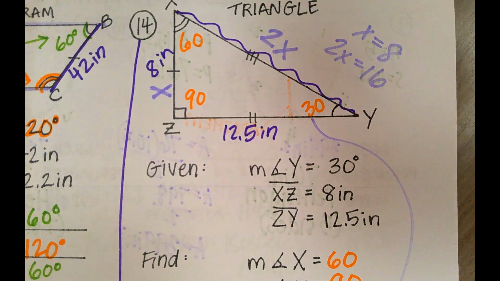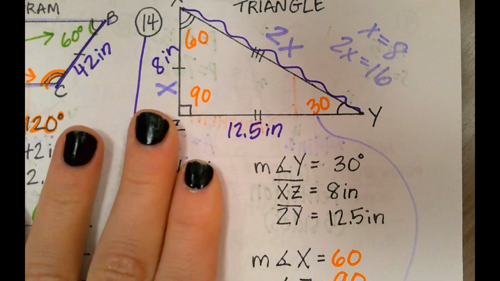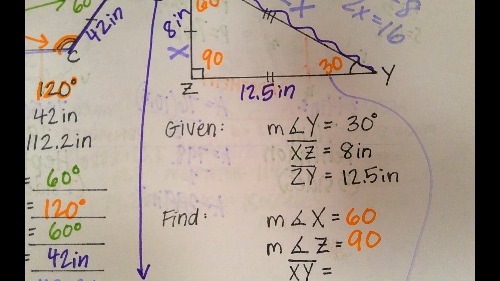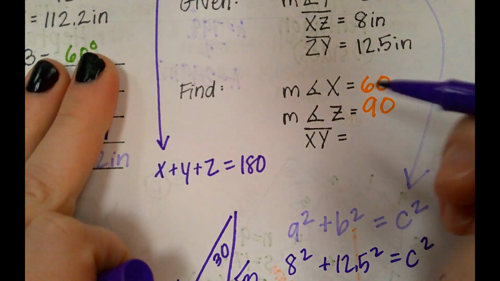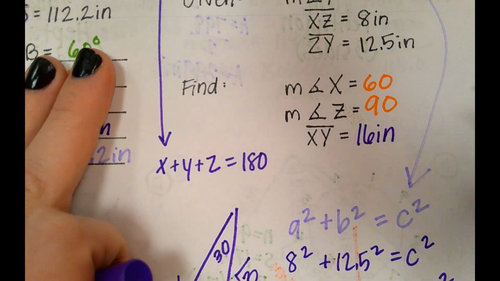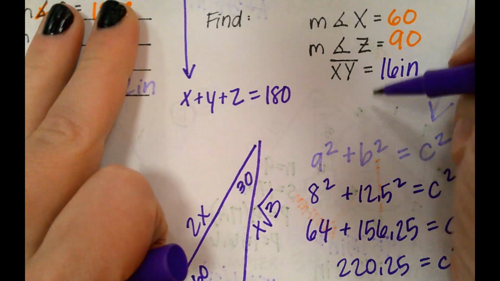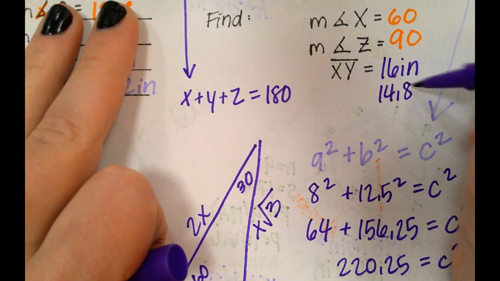Okay. Well, here's the deal. If on the quiz you get a different answer because of my own user error, you will not be counted wrong for it, okay? I would accept for this one, because of the two mistakes I made, you could say that XY is 16 inches, but if you use the Pythagorean theorem, you'll find 14.8 inches.